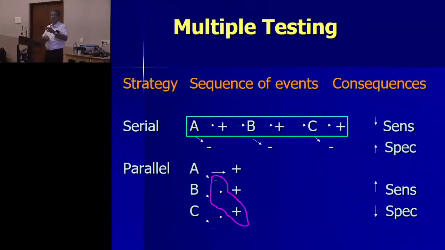But you decide beforehand, I will consider disease only if all are positive, or I will consider disease if any one is positive. So that is the decision rule. But whether you give all tests at one time or you give it sequentially is a balance between cost and time. Time is also money, but if you have enough time, then do it sequentially. If you don't have time, do it all together.